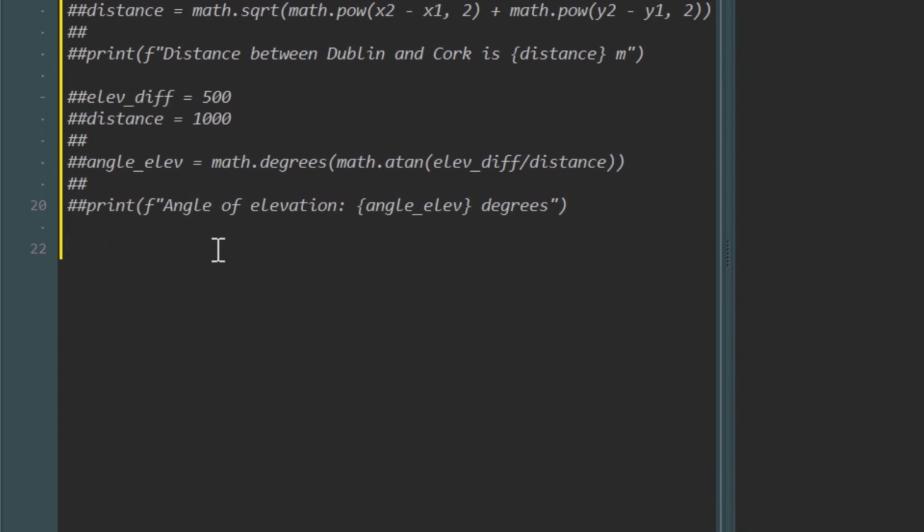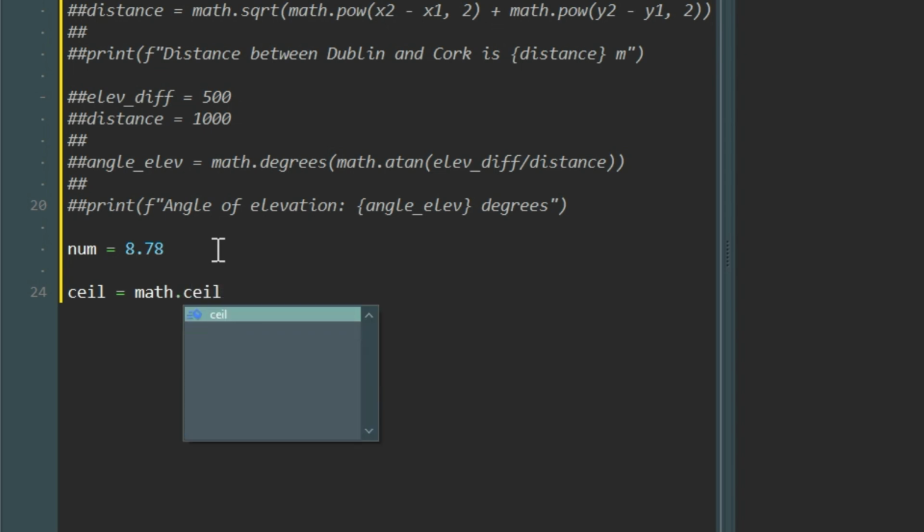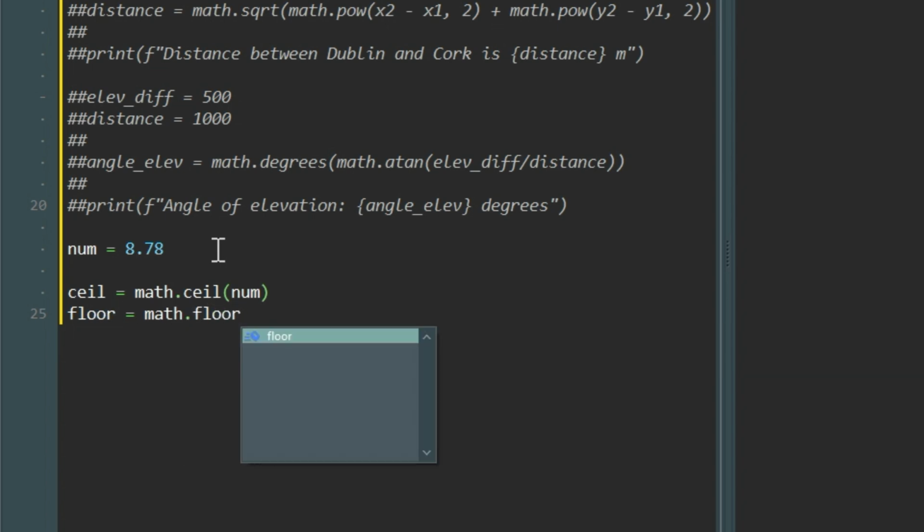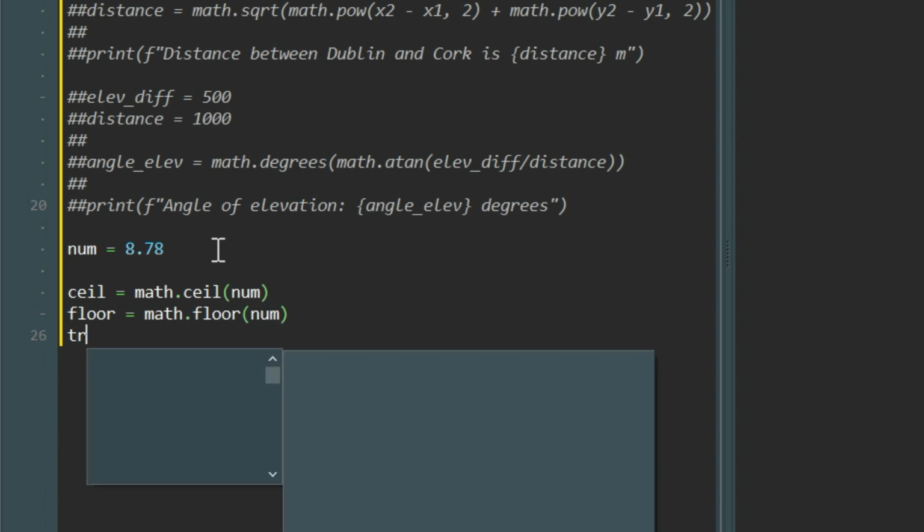We will create a num and set this equal to 8.78. We'll create a variable called ceil and set this equal to math.ceil. And we want to supply in our num. We'll then create floor. Set this equal to math.floor. Again, we supply in our number. And our trunc.